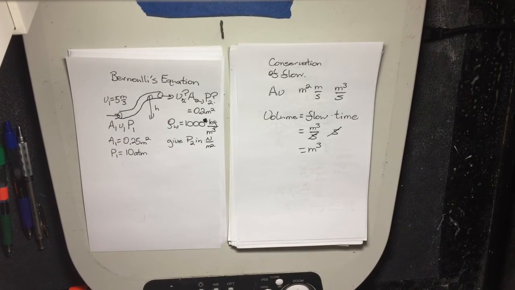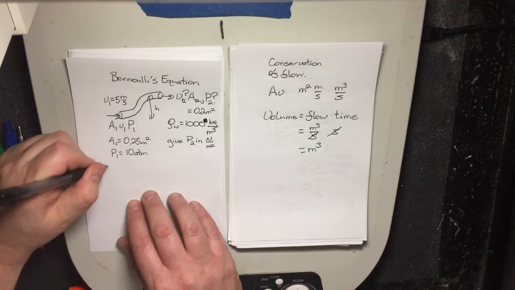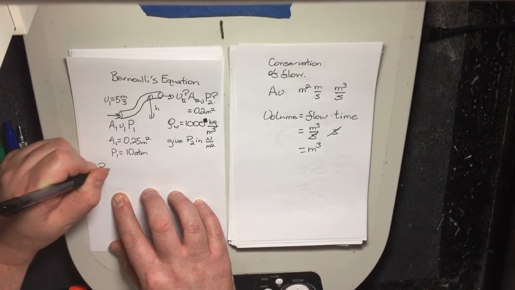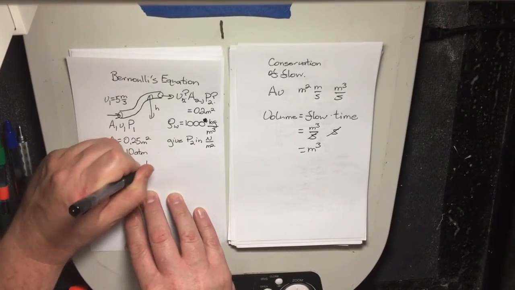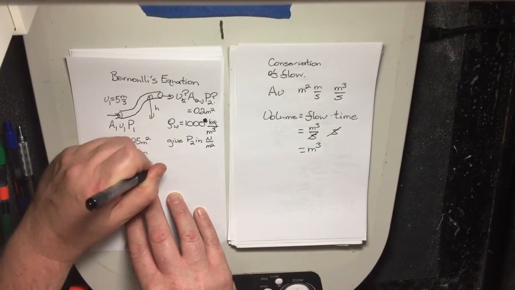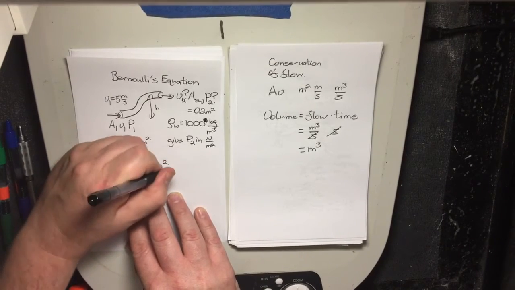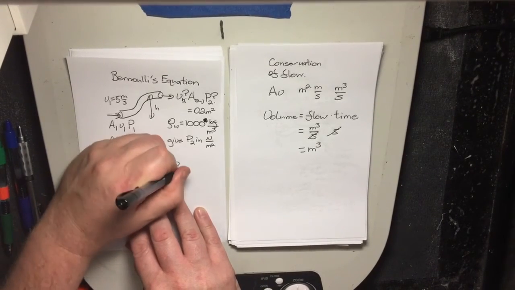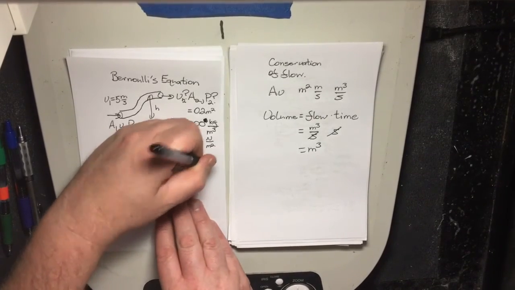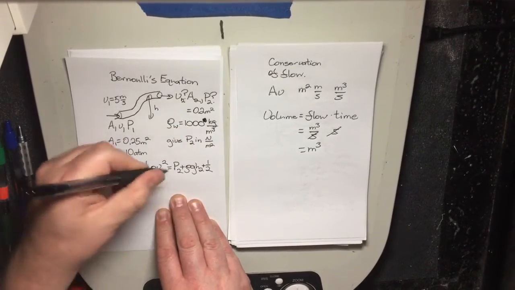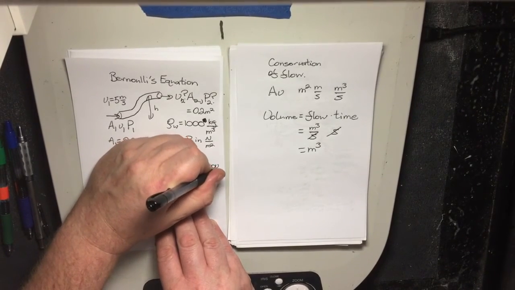Well, let's talk about the equation that we're going to use. Bernoulli's equation is this: P1 plus rho g H1 plus 1/2 rho V1 squared equals P2 plus rho g H2 plus 1/2 rho V2 squared.